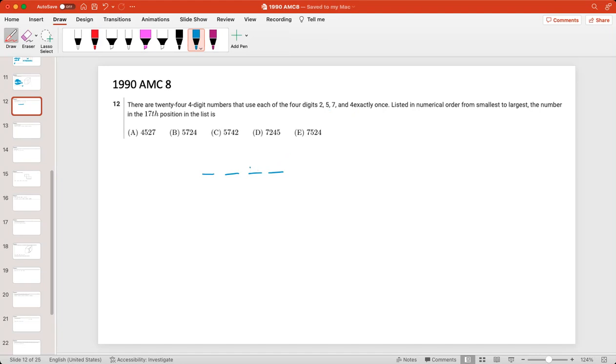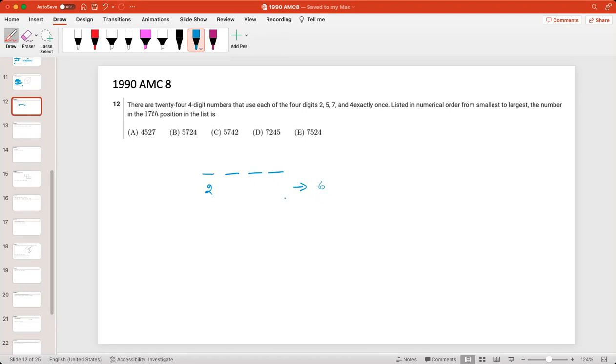So first possibility is a number starting with 2; we can have six such numbers. Am I correct? So we can have 2574 and then 2745, 2457, and then you jumble, but with 2 coming first we can have 6 possibilities.